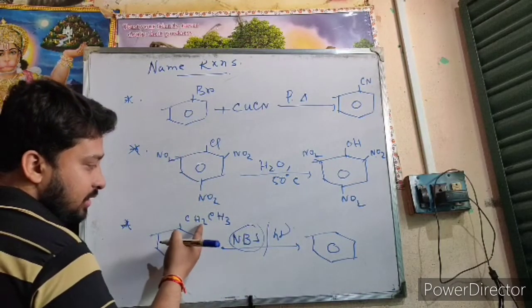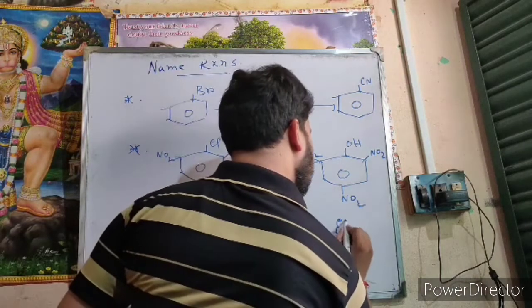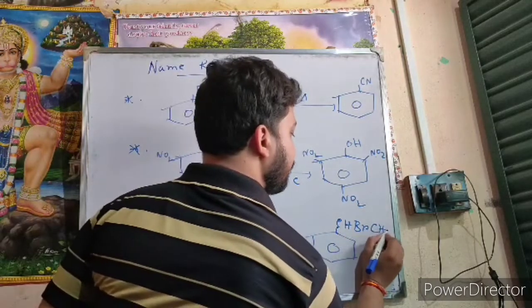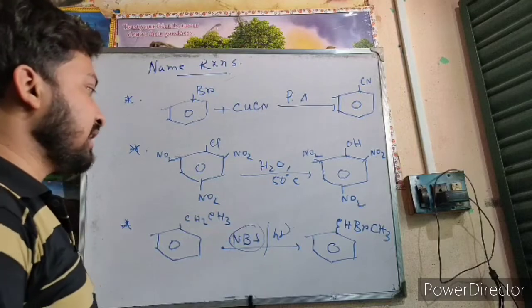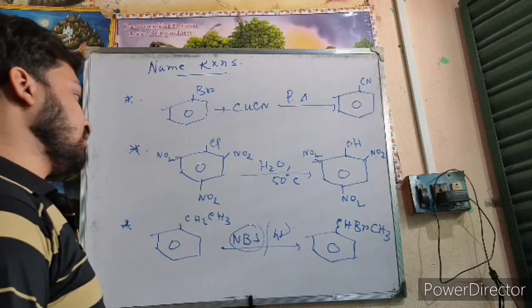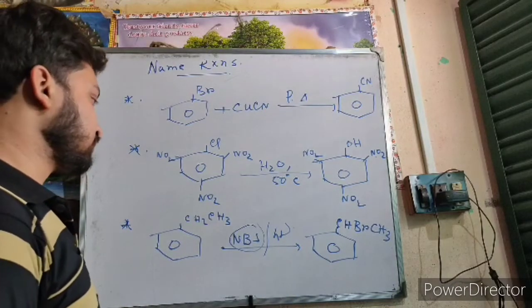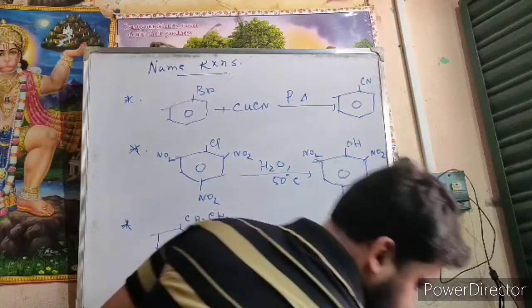HBr is removed here, and you add the bromine: CHBrCH3. I am not going into the mechanism. I have just written some important reactions that you will face on the exam paper. This is a very important reaction.